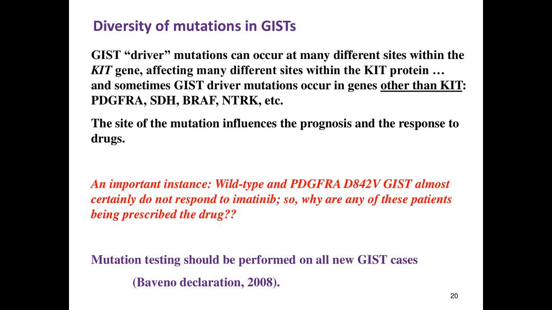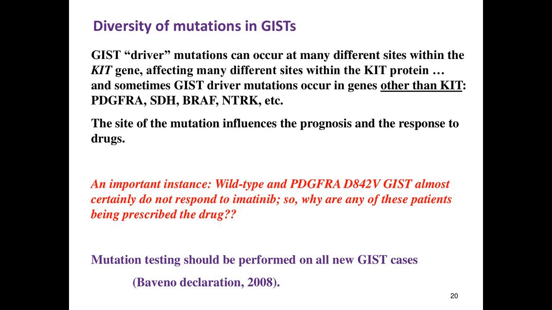Now, on to talk a little bit about the diversity of mutations in GIST. As I said a moment ago, the KIT gene mutations act as drivers of the growth of GIST cells. In fact, those mutations can occur at many different points within the KIT gene and therefore within the KIT protein. More commonly in certain places than others, but at many places throughout the protein.